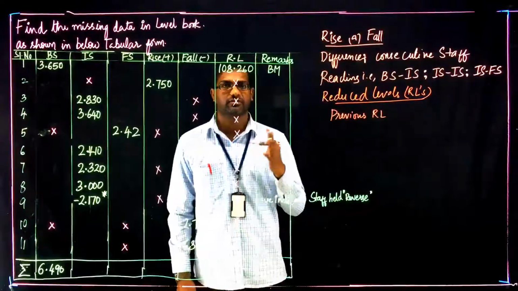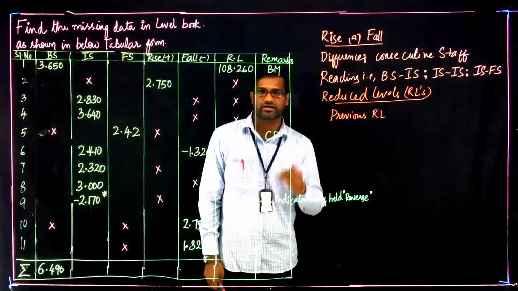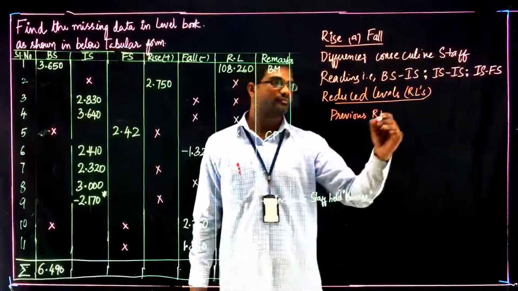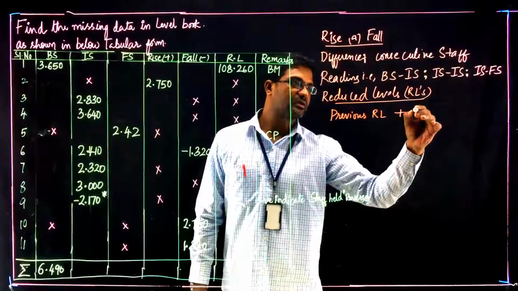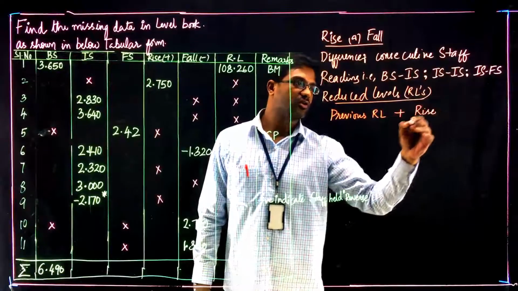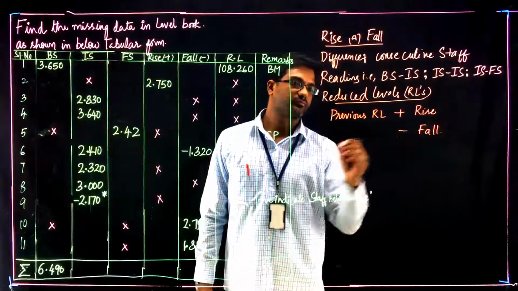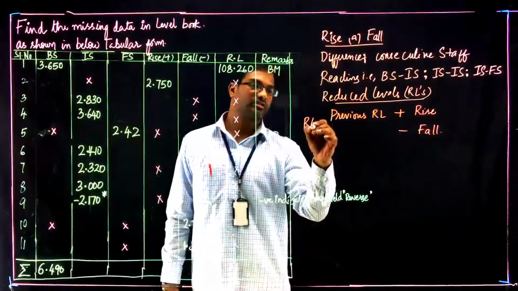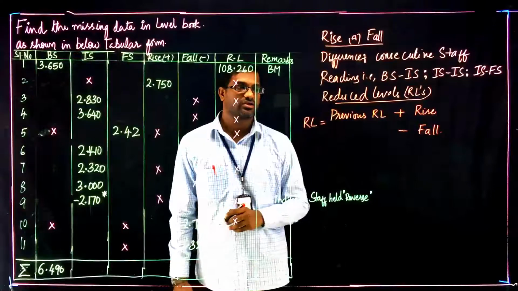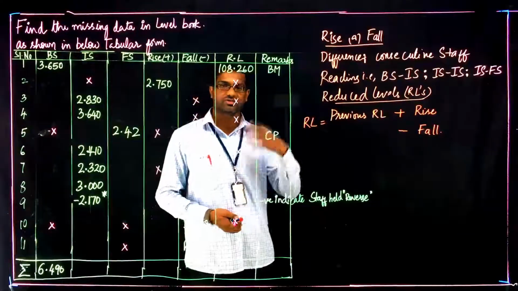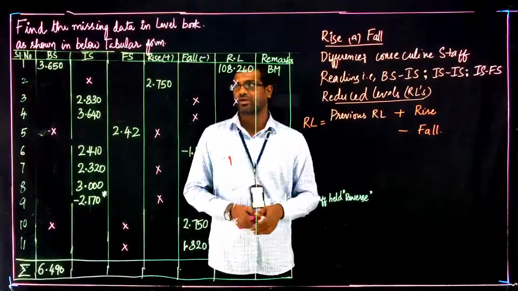You need to have the previous reduced level in order to calculate that station's reduced level: previous reduced level plus the corresponding rise, or minus the corresponding fall. So this is how the basic principles are. We use these basic principles and we'll find out the values.